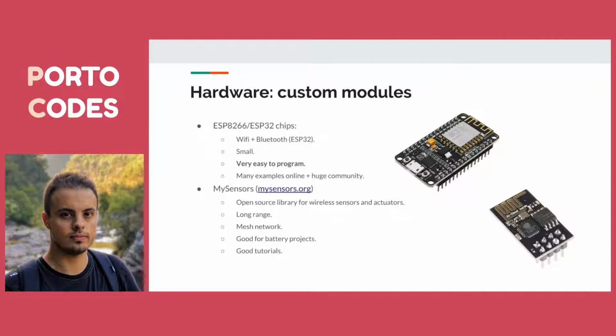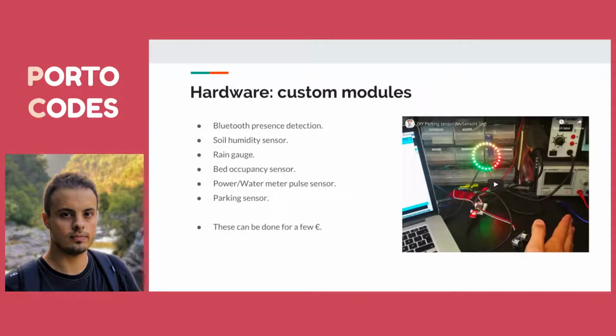So you can make a sensor that lasts 2 years on batteries. Yeah, it's a little bit more work because you'll have to buy more things to make it work. But if you need something to last a lot on batteries, MySensors is a great place to start. Oh, and you can create long-range projects like 1 kilometer communications, but not that easily, but yeah, you can do that.